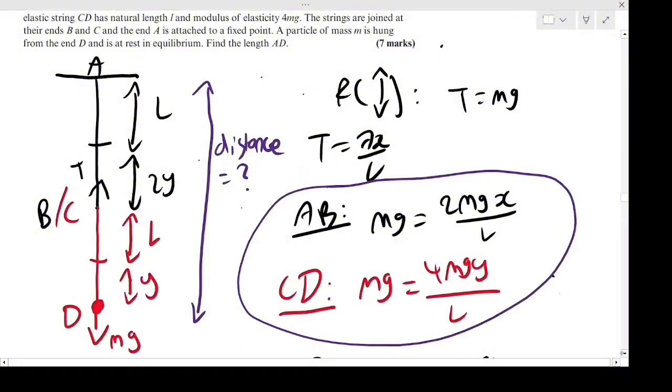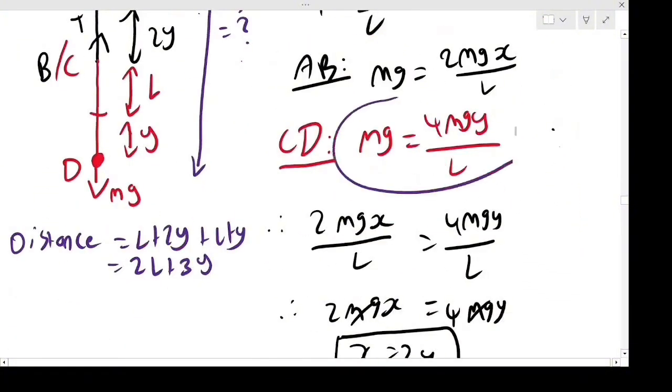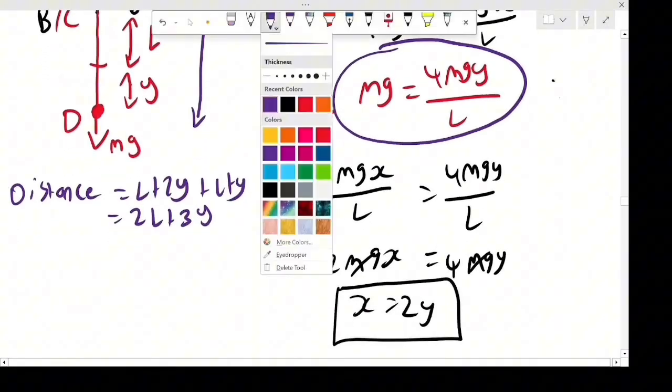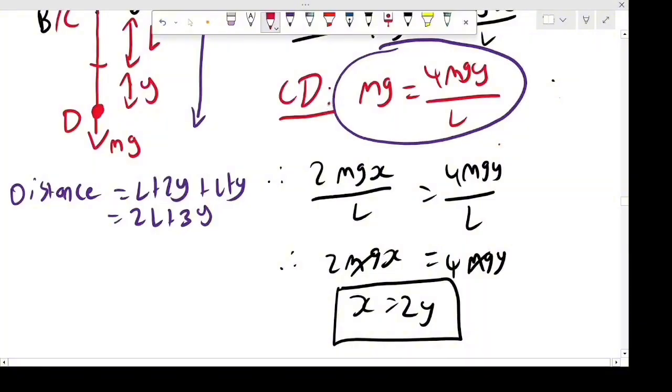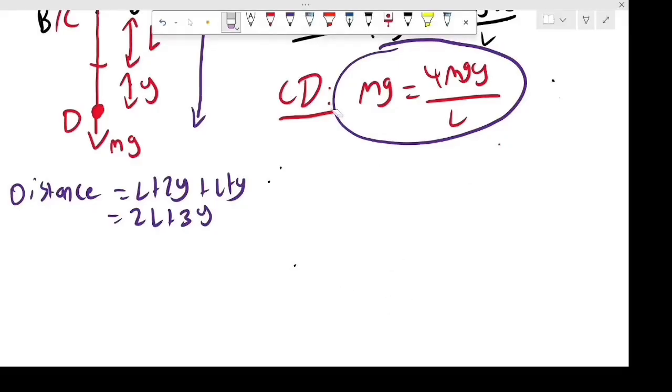Okay, so if I look at the equation with y, if I stare at this one, I can actually simplify it. I can say that mgL is 4mgy.